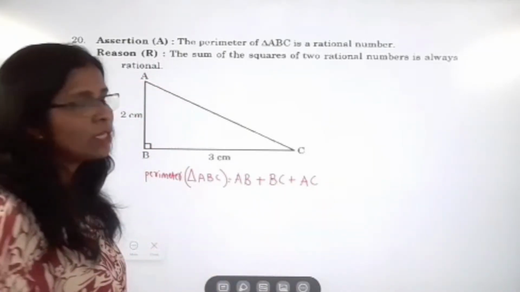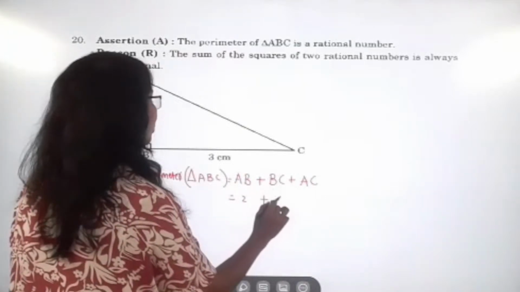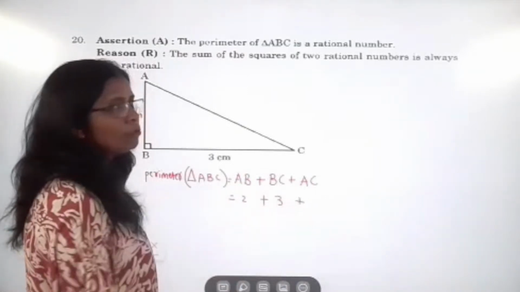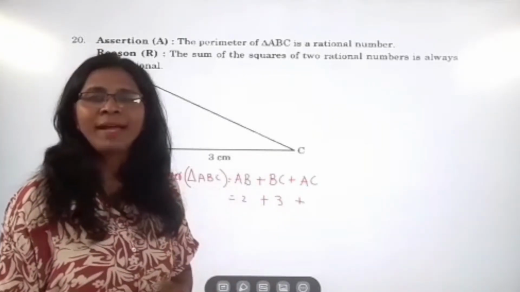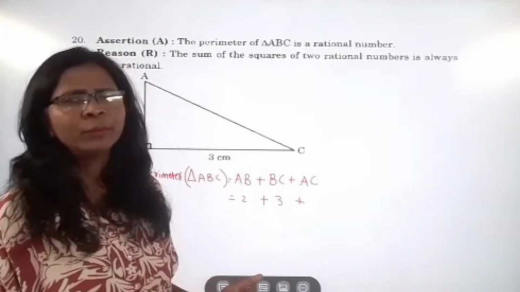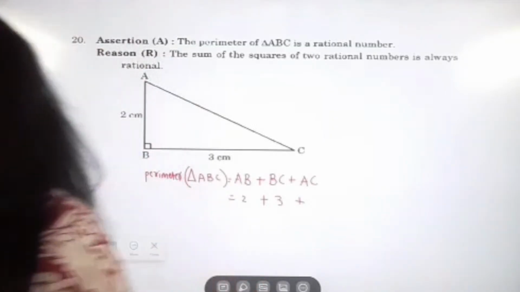So now here students, AB is equal to 2, BC is equal to 3, but we don't know the value of AC. So first we have to calculate AC. By which formula? By the Pythagoras theorem.